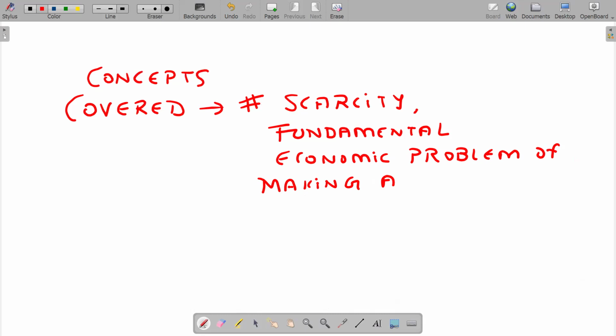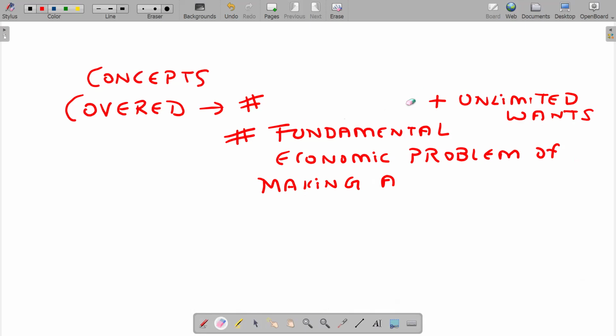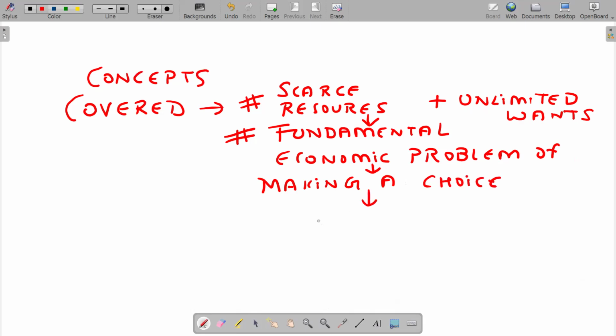So scarcity of resources, to put it more properly, scarce resources plus unlimited wants leads to a fundamental economic problem. Fundamental economic problem means you have to make a choice. And making a choice leads to opportunity cost. This is what we have covered in this particular lesson.